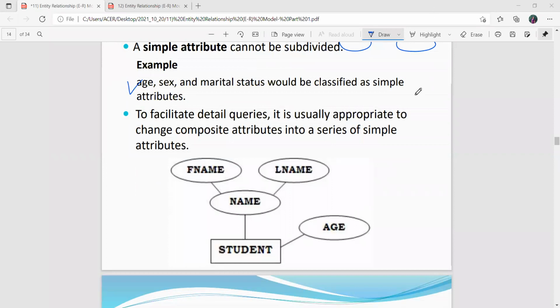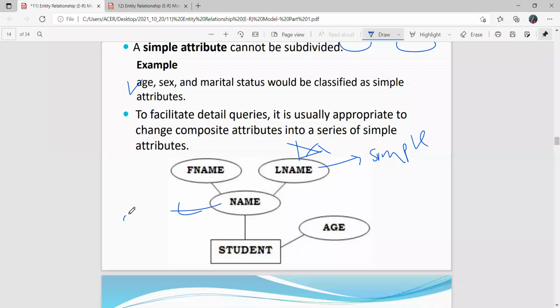Can we say that F name and L name are a single one? This is a simple attribute, because it cannot be subdivided into another or additional attributes. So this is simple, but when we consider the name, it is a composite attribute.